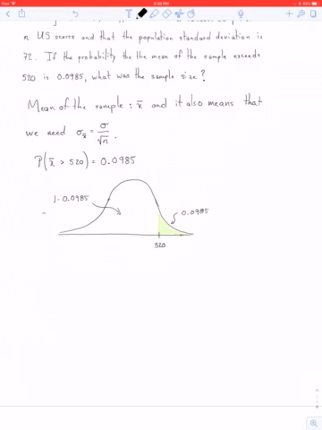And I believe if you work through that, you get 0.9015. Now, let's find this area. So let's find the z-score that coincides with this area.